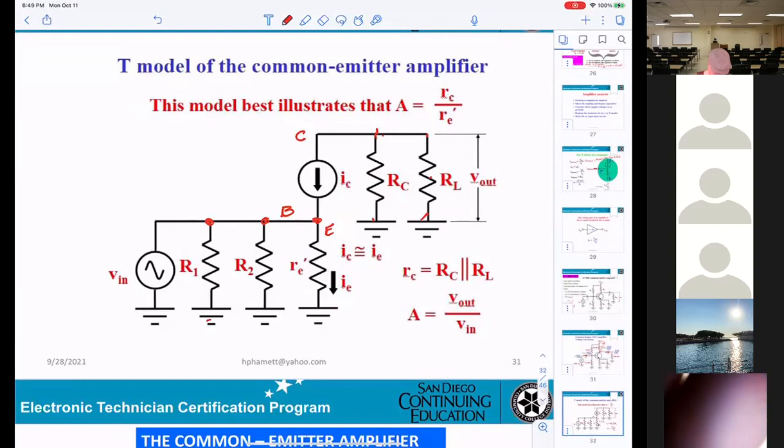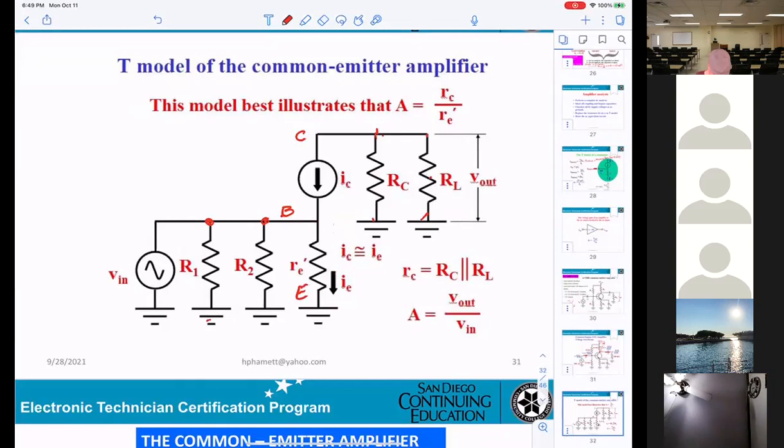Okay, and also the emitter. This is the emitter right here.